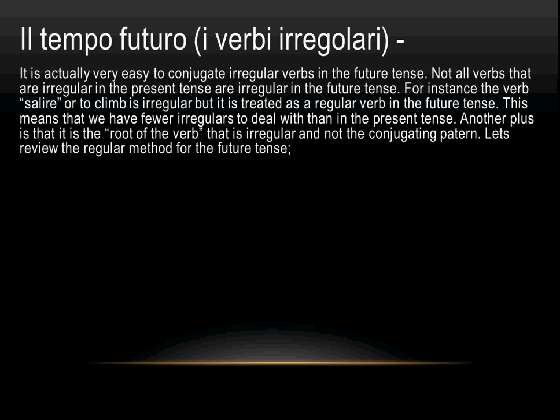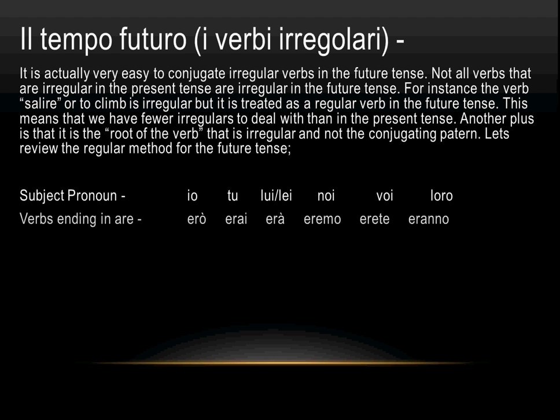Let's review the regular method for the future tense, the regular verb conjugation type. Okay, for verbs ending in are, if you remember correctly, what you do is you remove the infinitive ending, and then you add er in place of the are, and then the future conjugated ending.